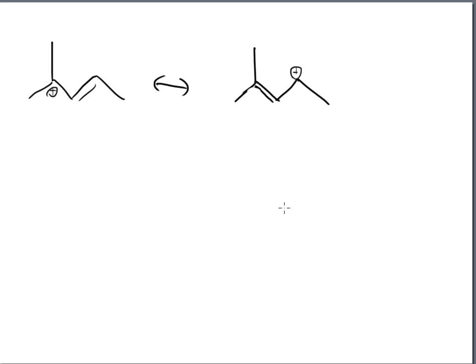You looked at these two choices before and said, hey, carbocation. Carbocation on this particular carbon is a tertiary position, and carbocation over here is a secondary carbocation. Tertiary is more stable than secondary, so that particular delocalization form is going to be more preferred.